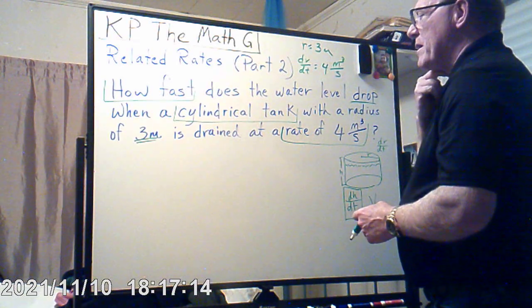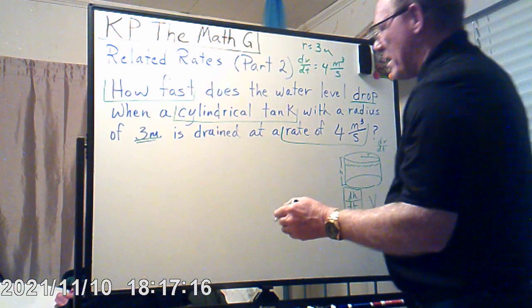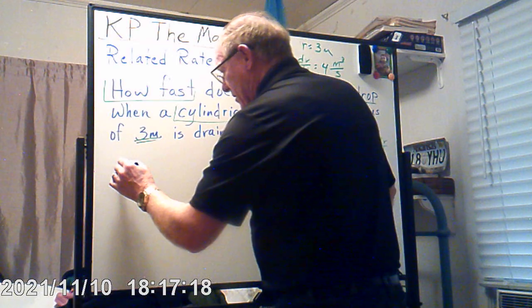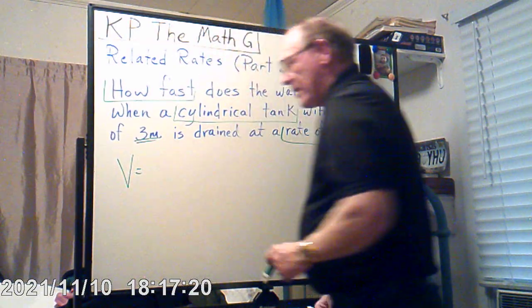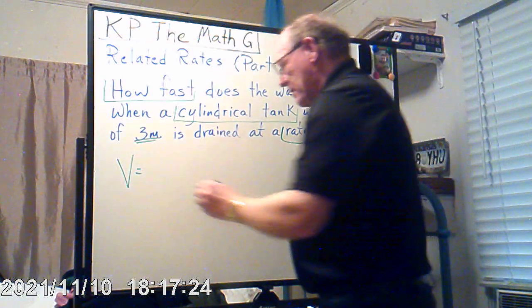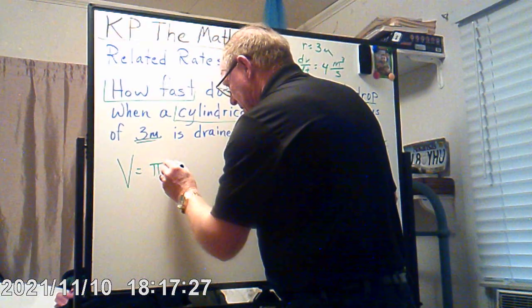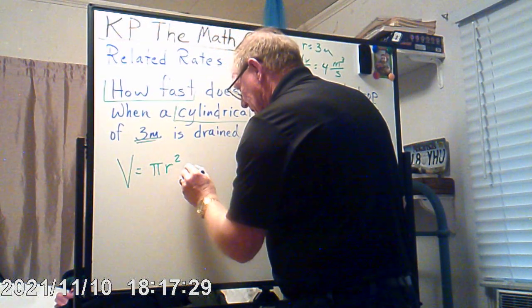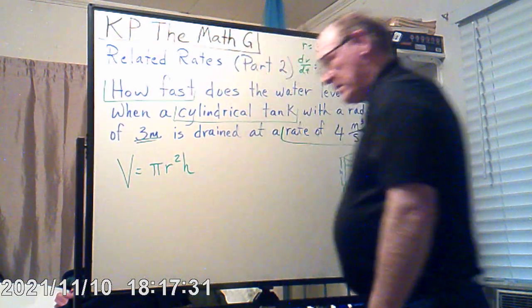So, okay, let's look at the volume of a right circular cylinder. You need to know those formulas. It is pi r squared, the area of a circle, times the height.